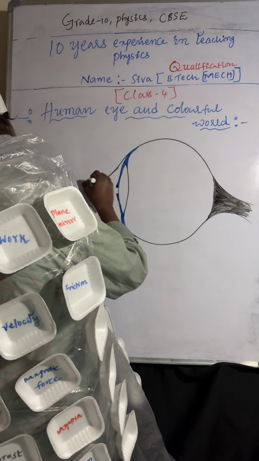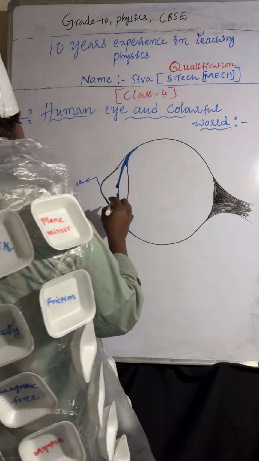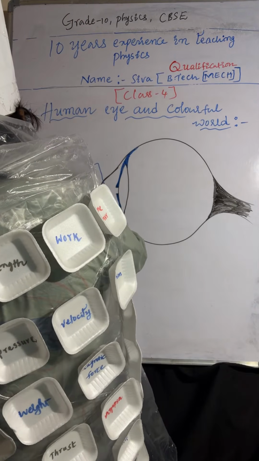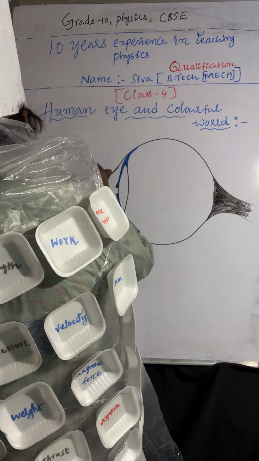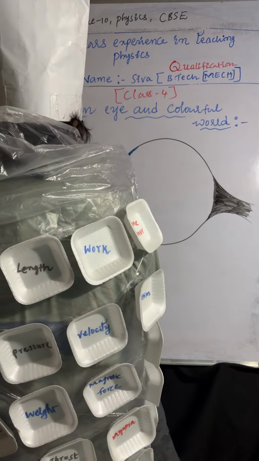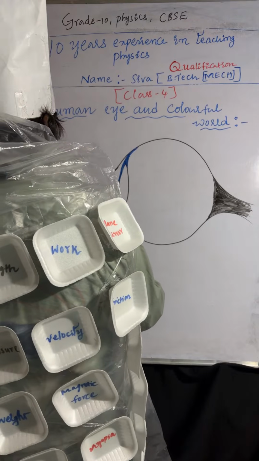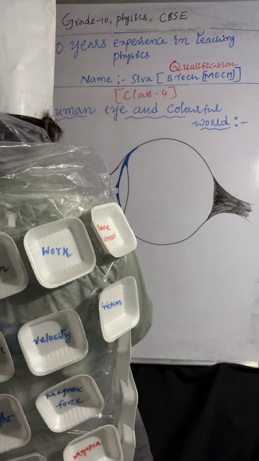Cornea, aqueous humor, and next one is retina. This is the iris, and this one also iris. These are the ciliary muscles.